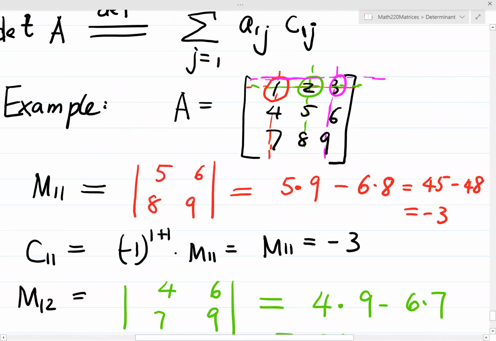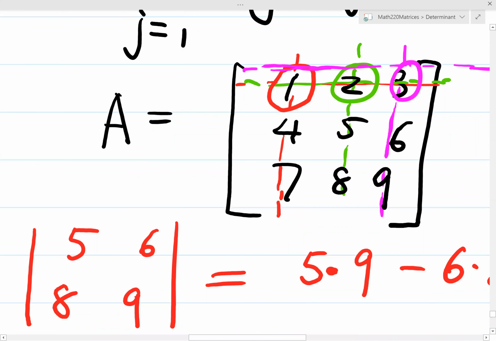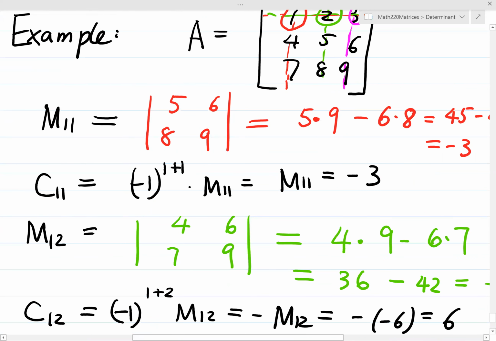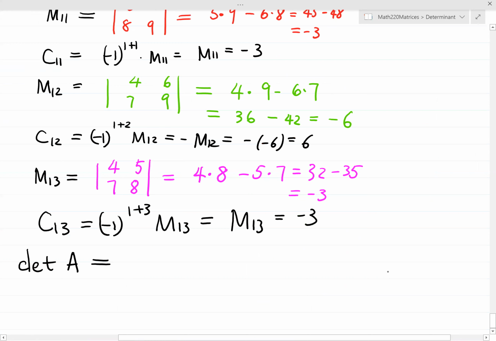The first row is 1, 2, 3, and we multiply each by the corresponding cofactor, C11, C12, C13.